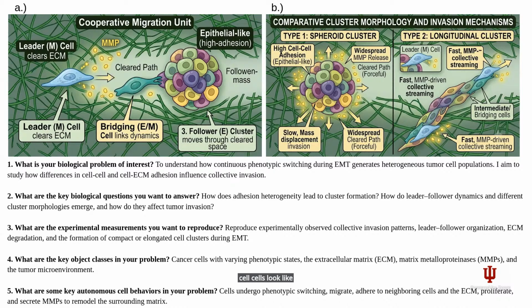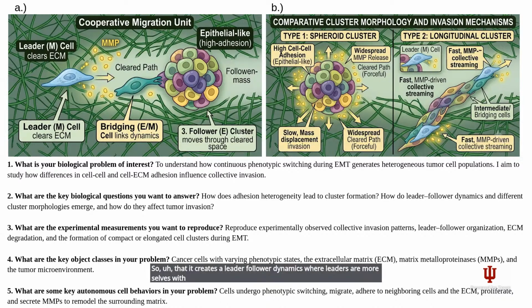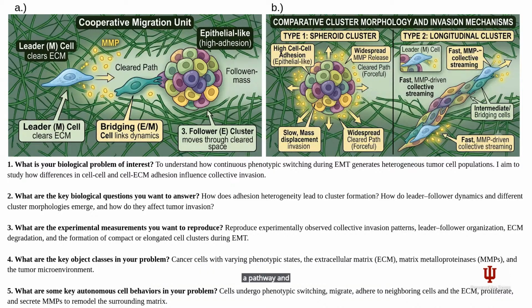So that it creates a leader-follower dynamics where leaders are cells with mesenchymal phenotype having more cell-ECM adhesion that break down the ECM, create a pathway, and followers are more epithelial-like cells that basically adhere to the mesenchymal cells and follow them through the blood vessels.